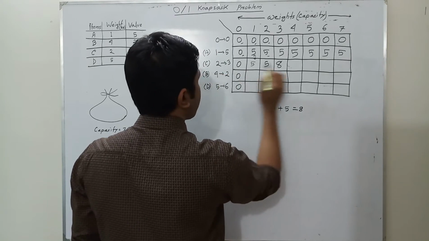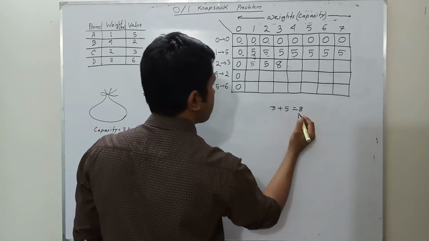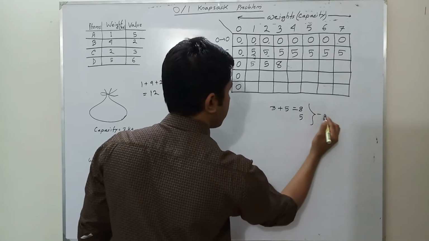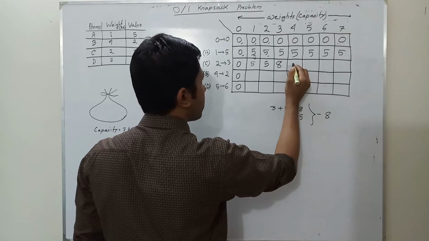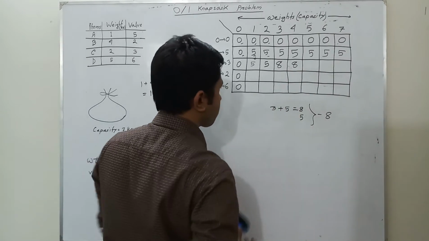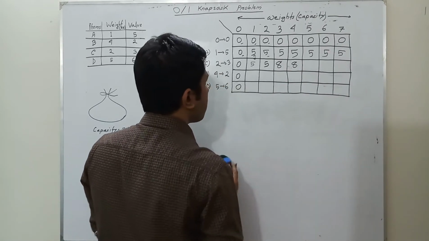Without using the item, the maximum obtainable value we know is 5. Here the maximum value is 8. So the maximum obtainable value in this field will be 8.